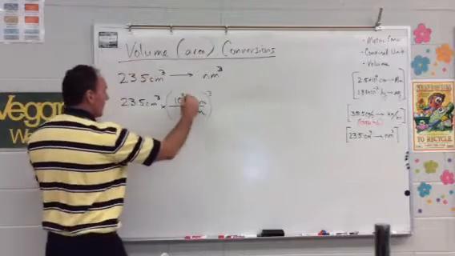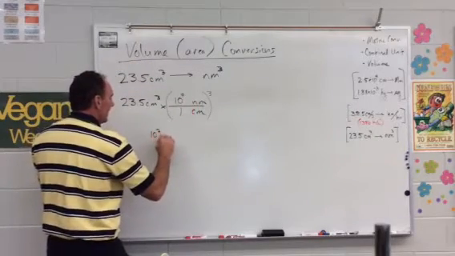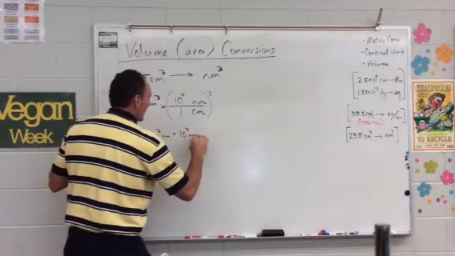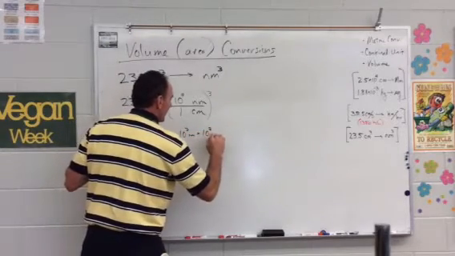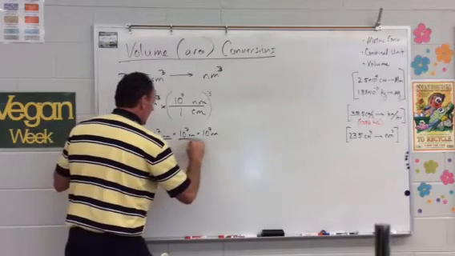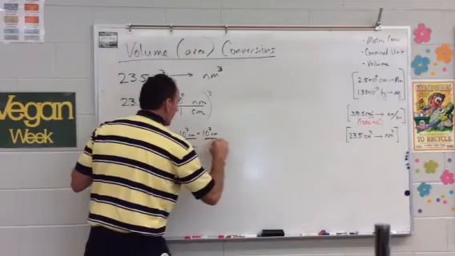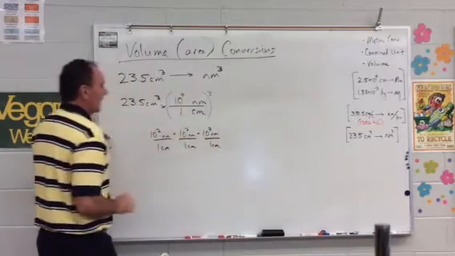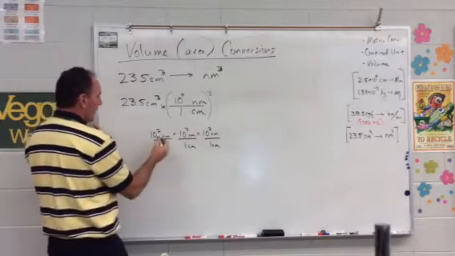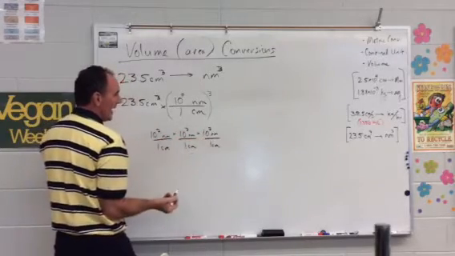Now really what that means is I'm taking 10 to the 7th nanometers times 10 to the 7th nanometers times 10 to the 7th nanometers, and I'm taking 1 centimeter times 1 centimeter times 1 centimeter. So I'm really just doing this by cubing this. Well, as we all know, if you raise a power to a power, you multiply the exponents.